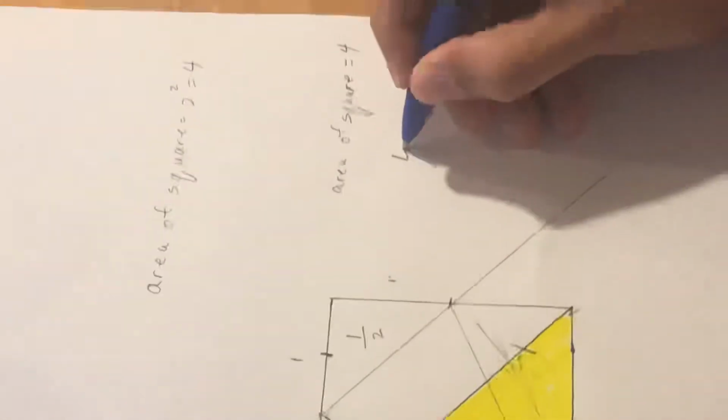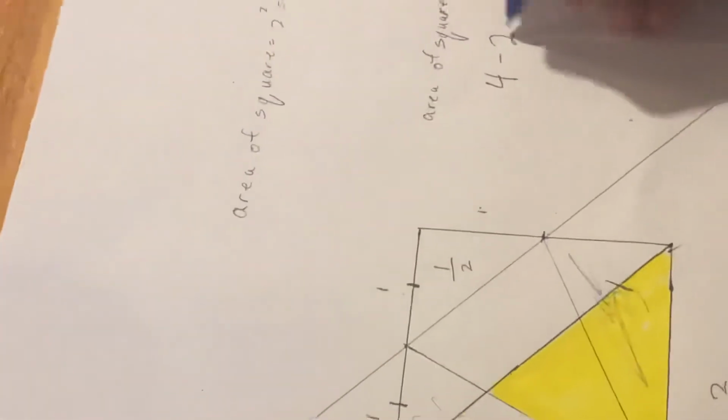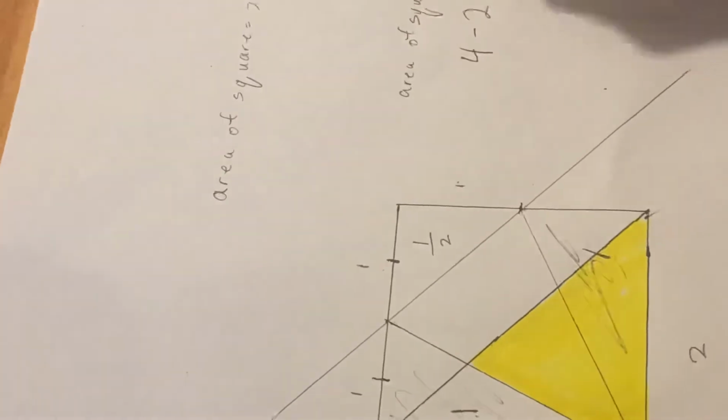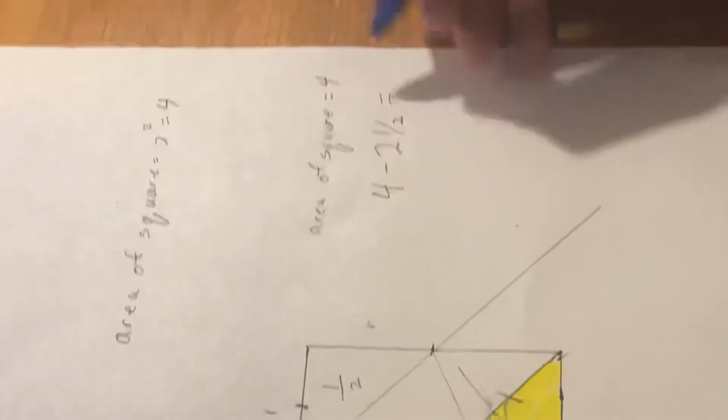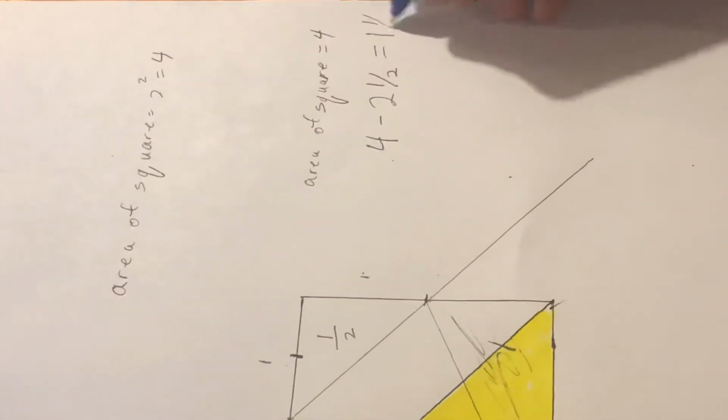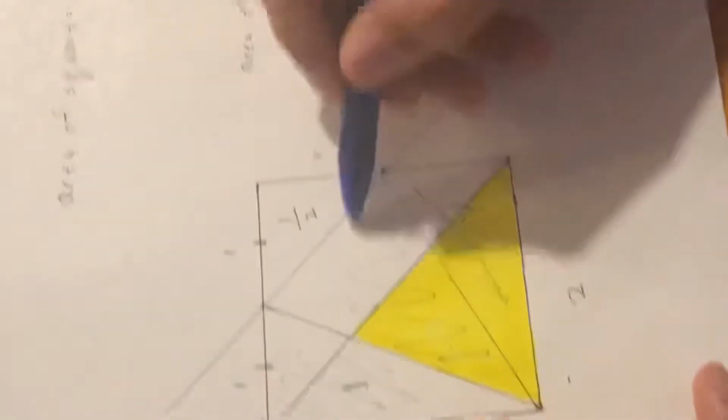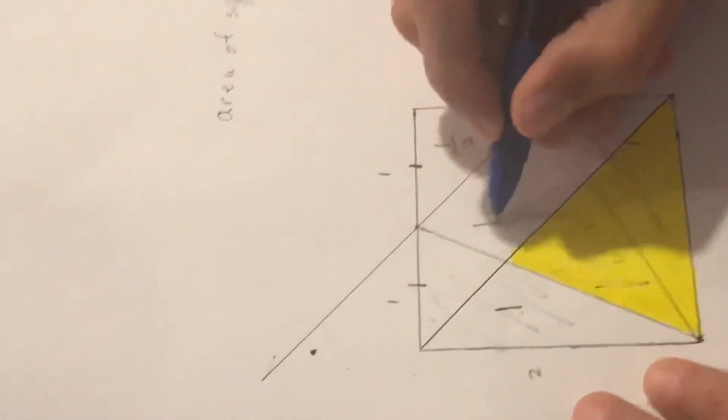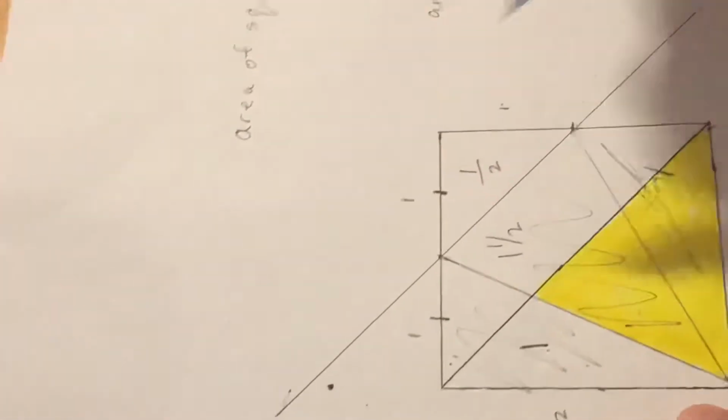So we take 4 minus 2 and 1/2, and that becomes 1 and 1/2. So this center triangle would then equal 1 and 1/2 in area.